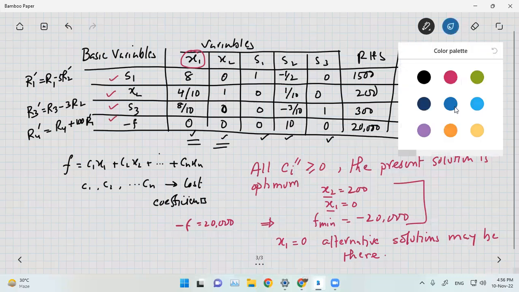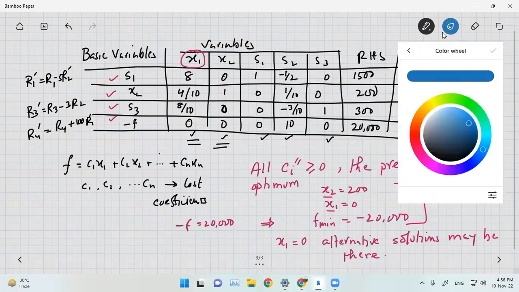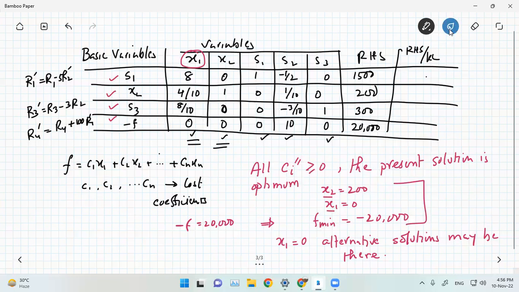To do that, we have to enter the non-basic variable into the basic variables, and when we do, another solution will be available, and then from the 2 points, we can have an infinite number of solutions.